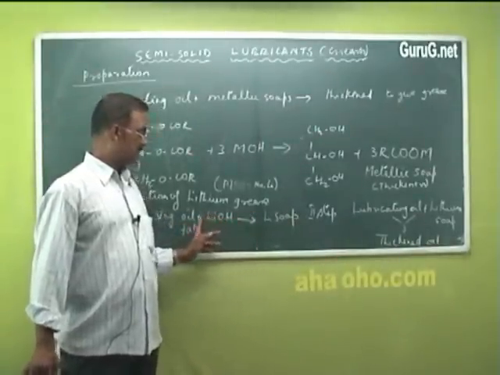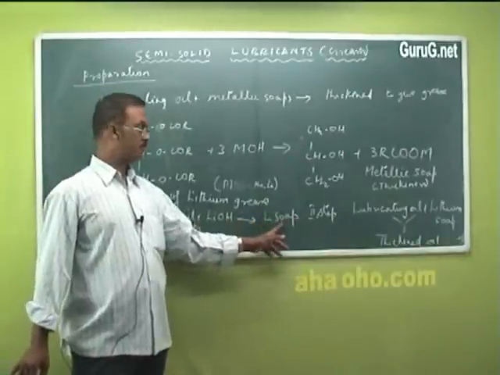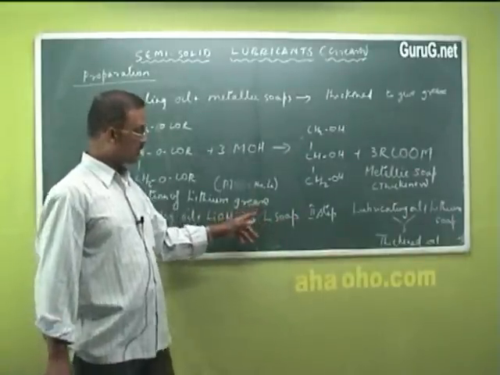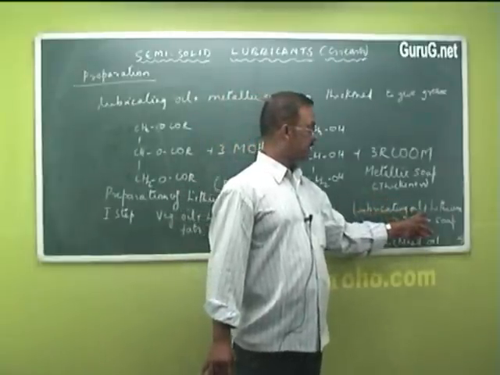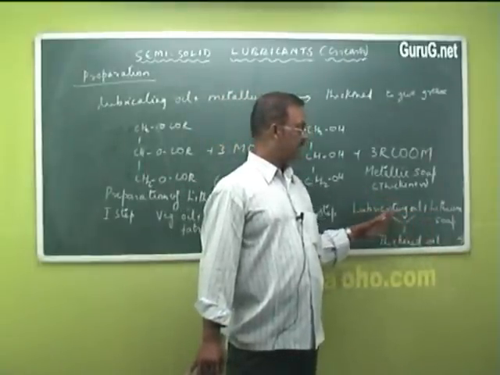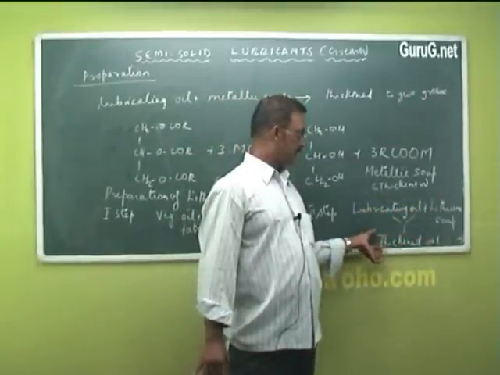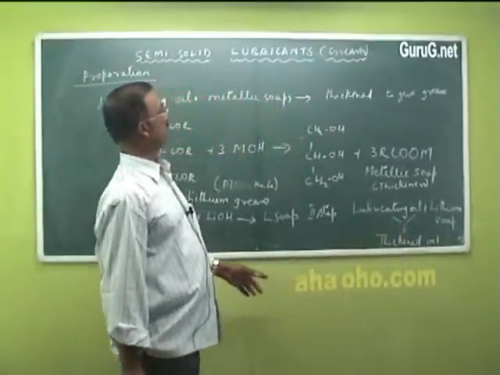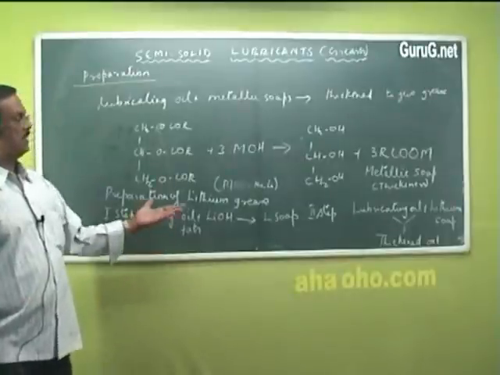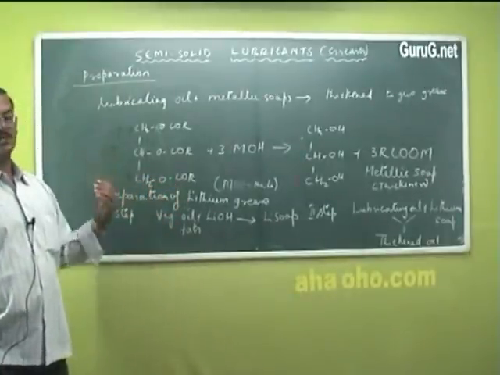When this undergoes saponification, lithium soap is obtained. The next step is to take the lubricating oil and that is treated with the lithium soap and that is processed so that a thickened oil is obtained. So this is in general the preparation of greases.